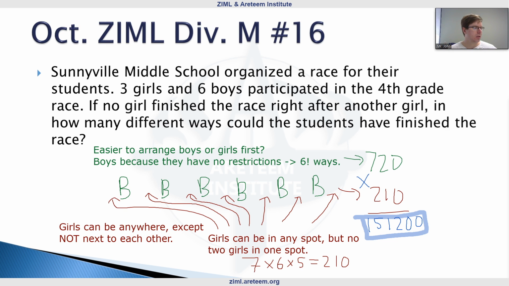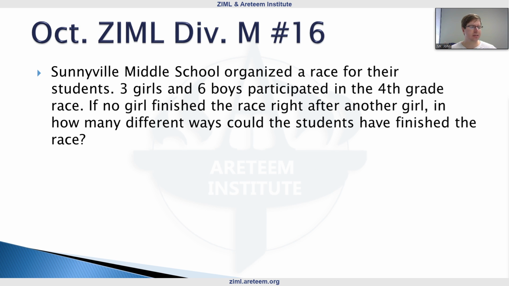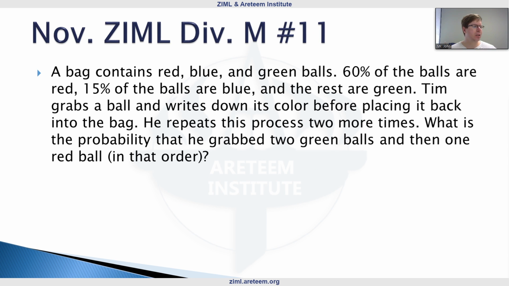Okay, so let's do a couple more problems. Some of these we can do a little more quickly, and I want to make sure we have some other situations that we're dealing with as well. So let's look at a probability question next.